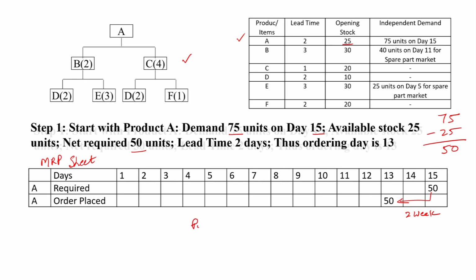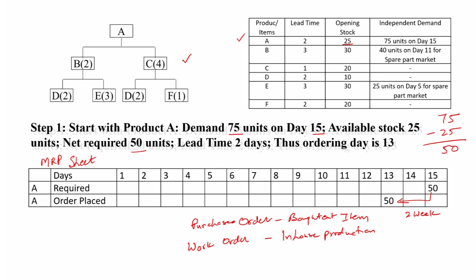Purchase order for purchased, bought out items, and work order for in-house production. So, we can issue the necessary order, purchase order or work order, depending upon the nature of the item.